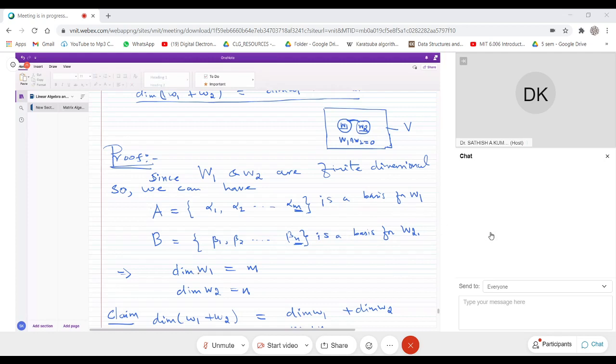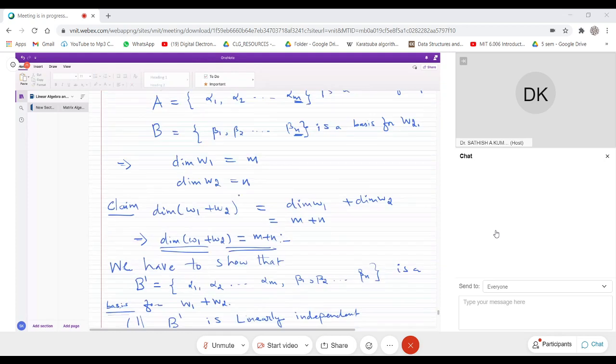Since both are finite, the dimension of W1 is m and the dimension of W2 is n. If I add these two directly, the dimension of W1 plus the dimension of W2 is m plus n.